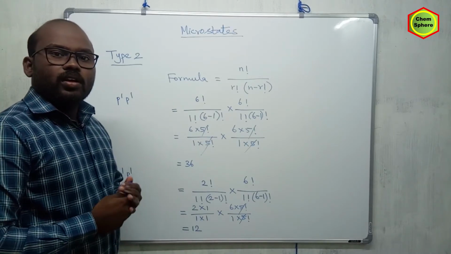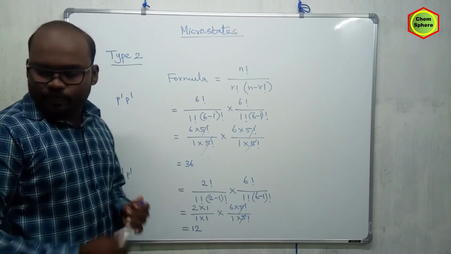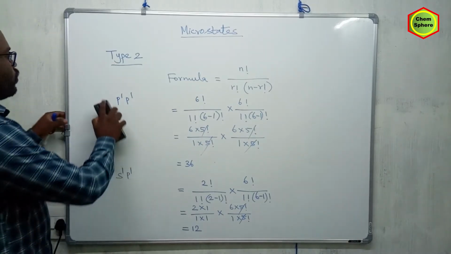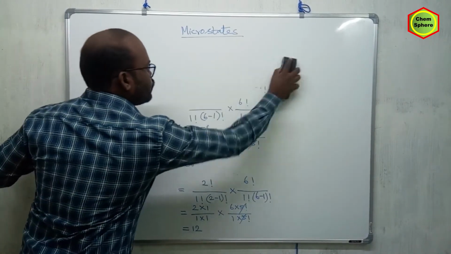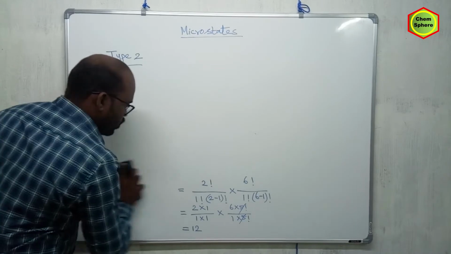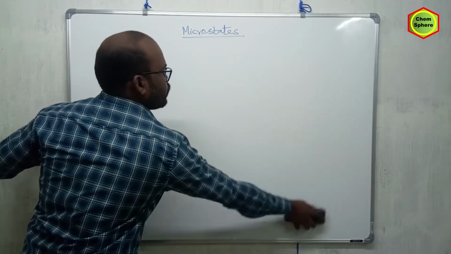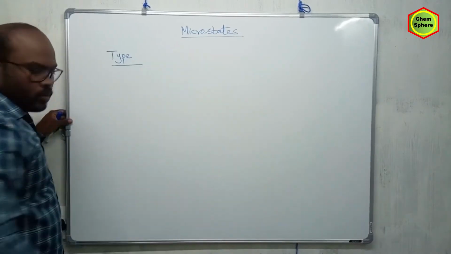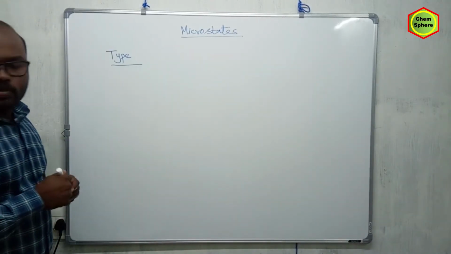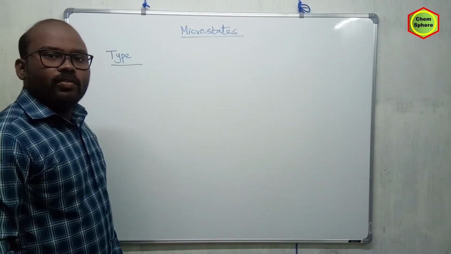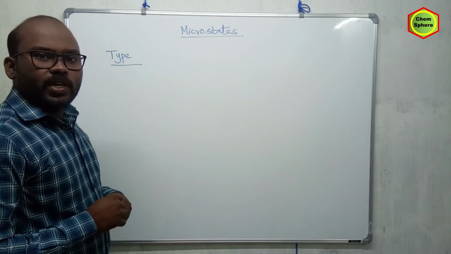Let's take another one, that is type 3. For type 3, we are going to apply a different formula. In type 3, they will give the terms, spectroscopic terms.